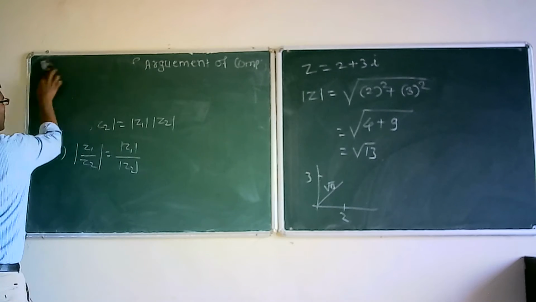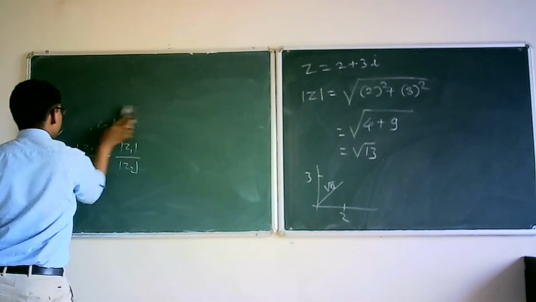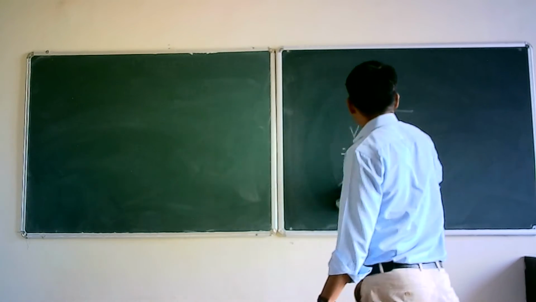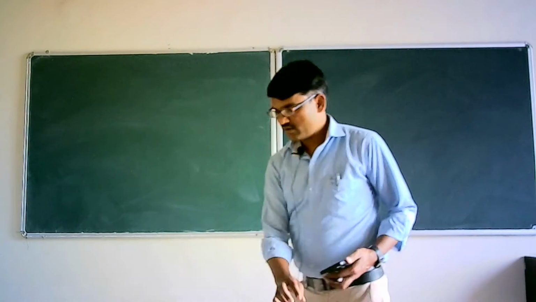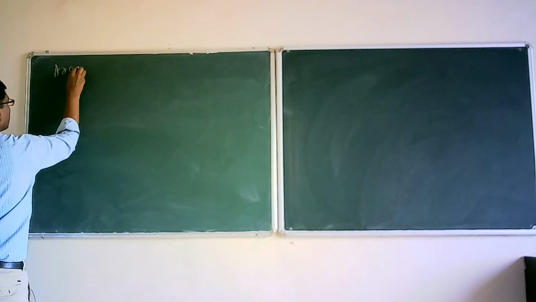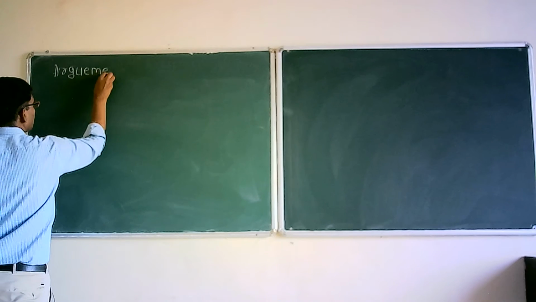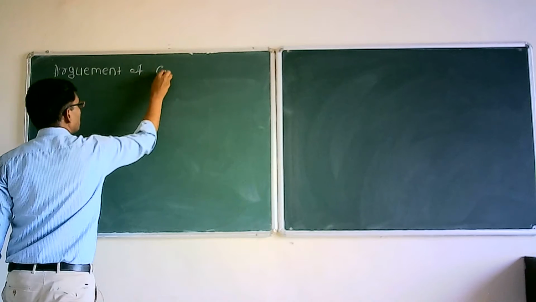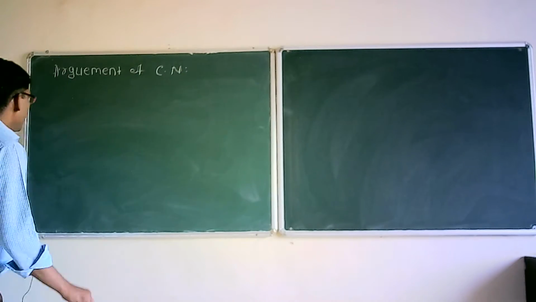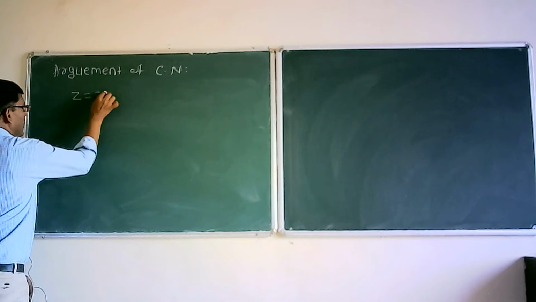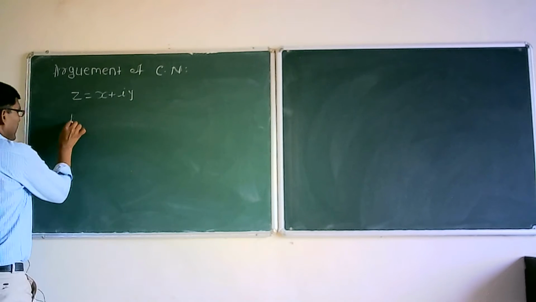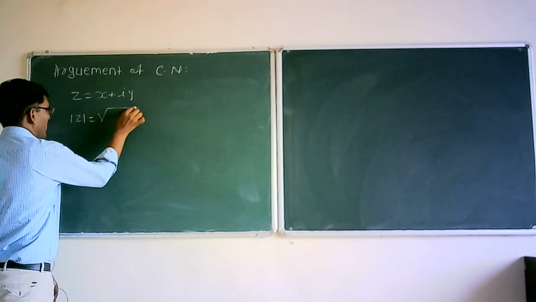Now the next definition is the argument of a complex number. All of you know that if z = x + iy is the given complex number, then mod of z is equal to under root of x square plus y square.